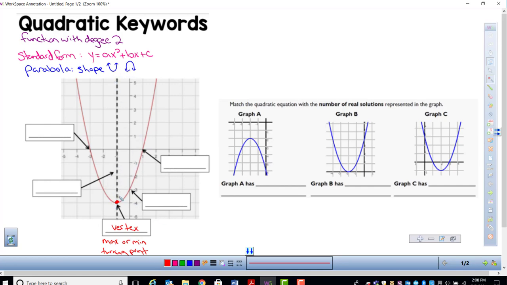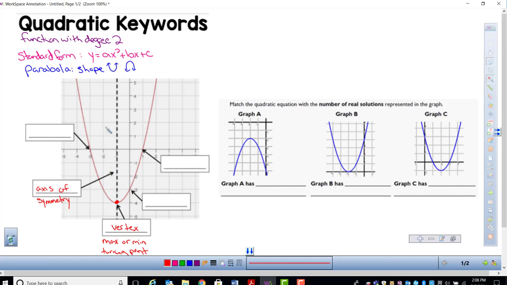Next, we're going to look at this dotted line. This dotted line that goes right here in the middle is called the axis of symmetry. Symmetry means it's the same on both sides. So this axis of symmetry, this line, if I take this part of my parabola and I flip it over this line, it's the same. So it's the same on both sides.